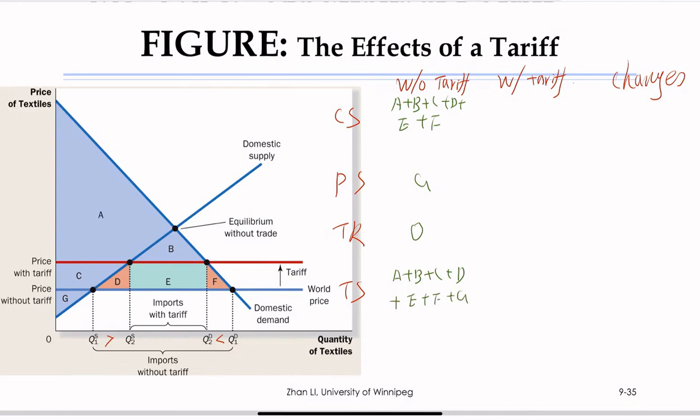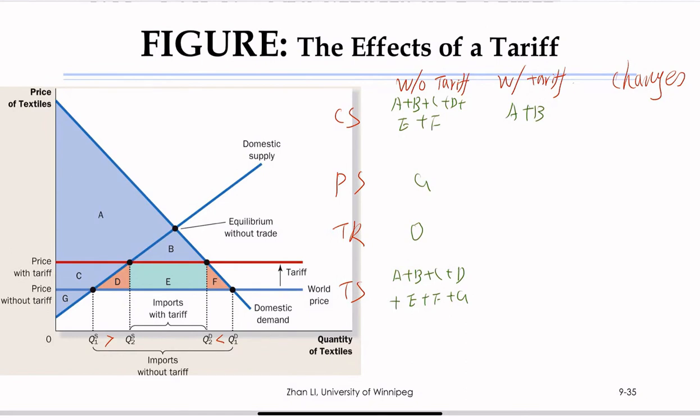Okay, what about the case with a tariff? If there is a tariff, you can see that as the price increases, consumer surplus will be smaller, right? To be more specific, it would be just A and B. And what about producer surplus?